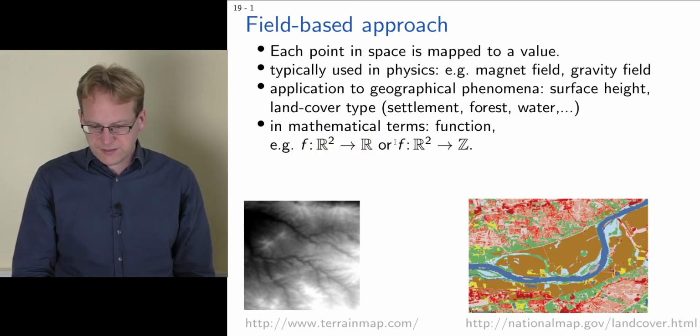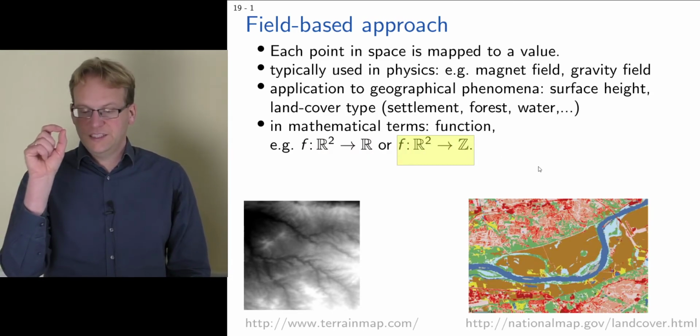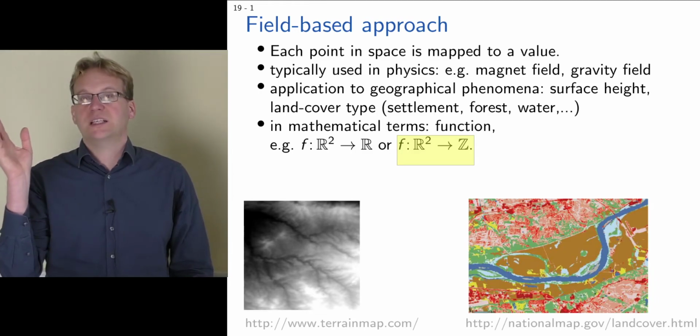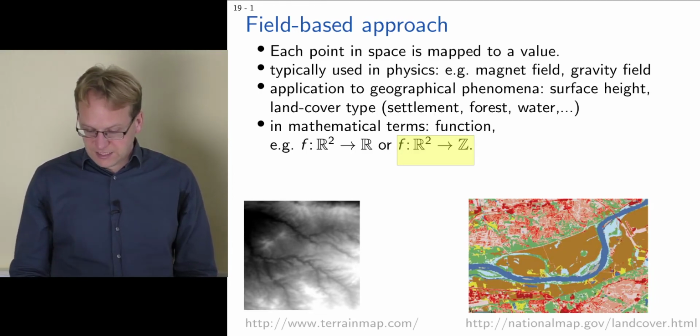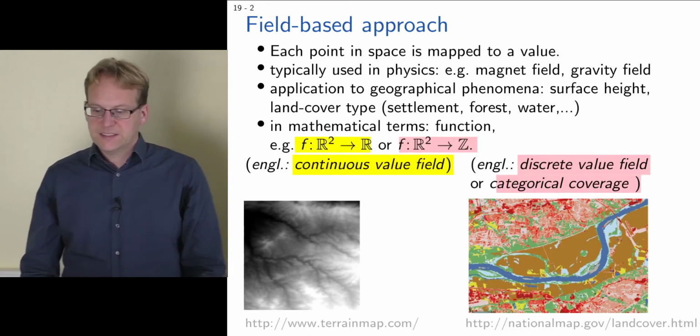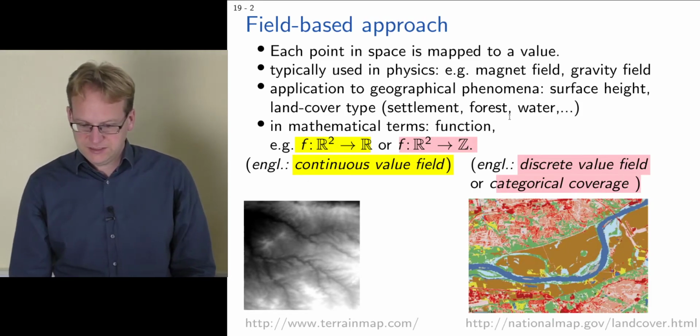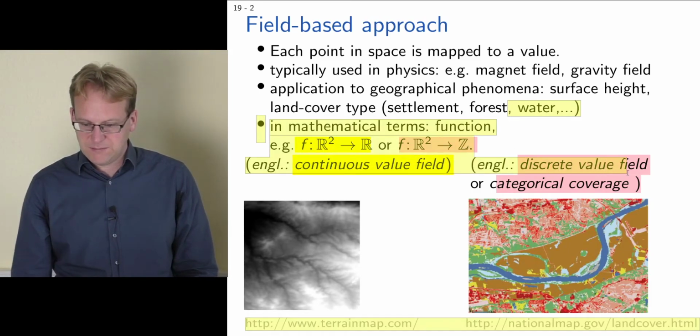But it can also be that for every point in the plane we have an integer number representing somehow a category. And this kind of function has a name: it is a discrete value field, often called a categorical coverage. So we have categories represented with these discrete numbers maybe.